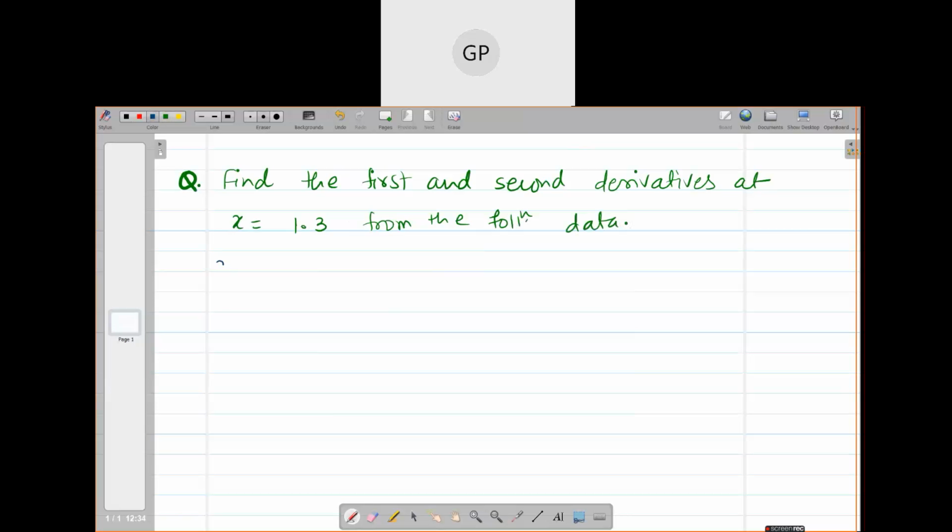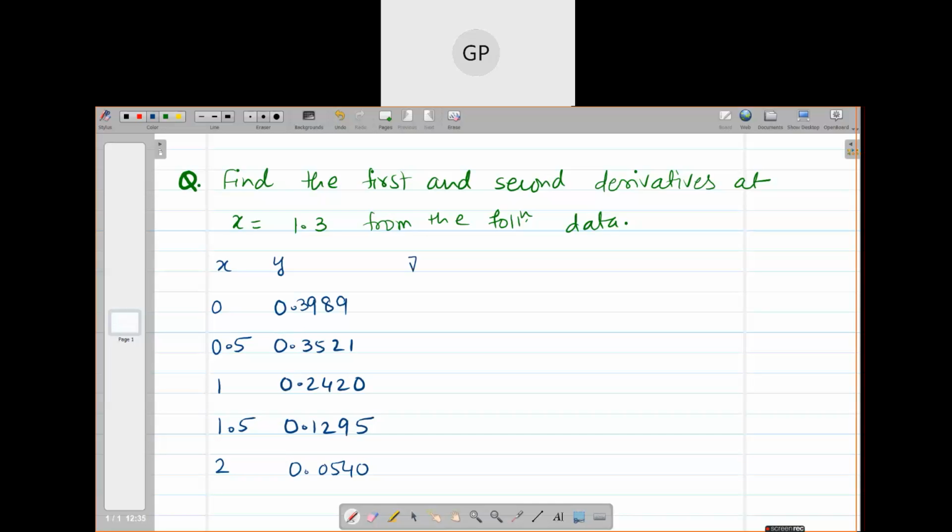Okay, so your x values are 0, 0.5, 1, 1.5 and 2, and the y values are 0.3989, 0.3521, 0.2420, 0.1295, 0.0540, and your del values are minus 0.0468, minus 0.1101, minus 0.1125, minus 0.0755.